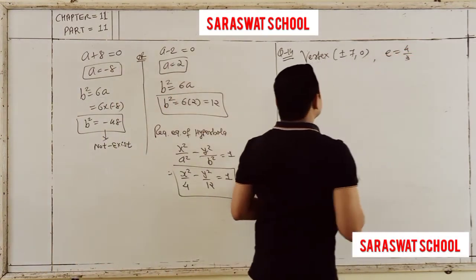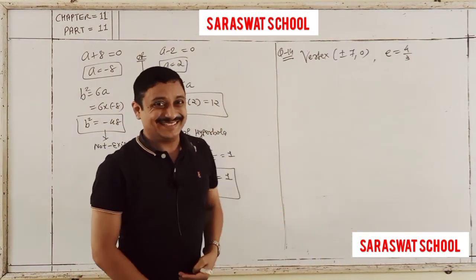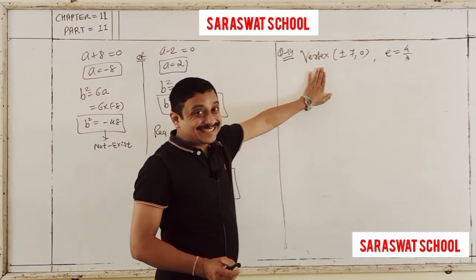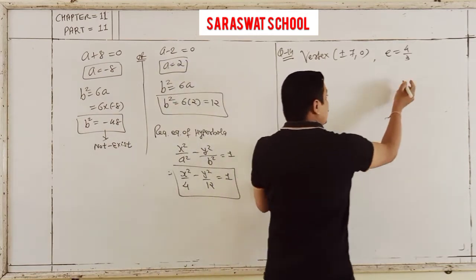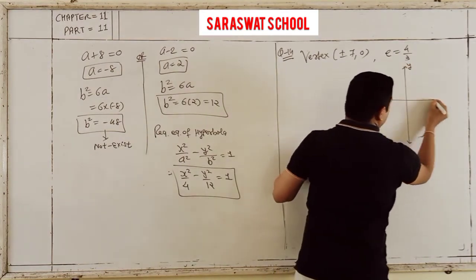Here students, just focus on the vertex being on the x-axis. So students, check here, the vertex is on which axis? X-axis. So your transverse axis, I mean major axis, is on the x-axis.